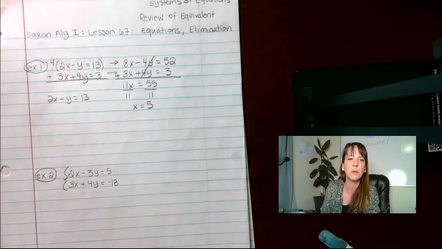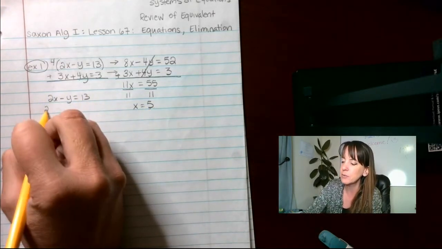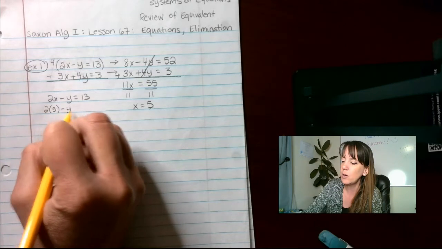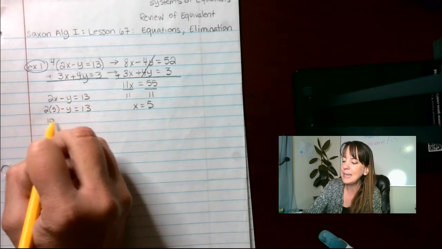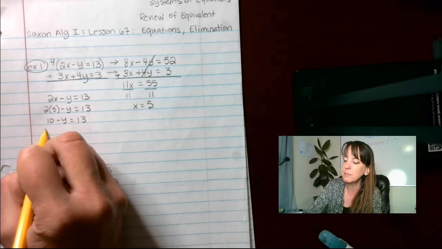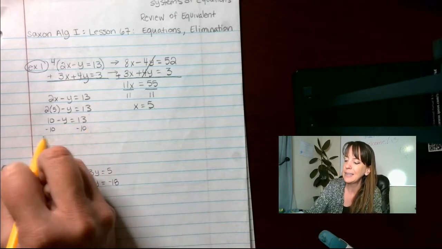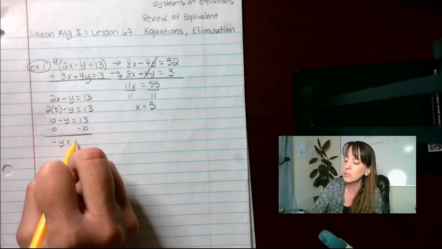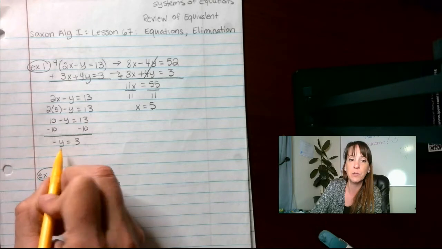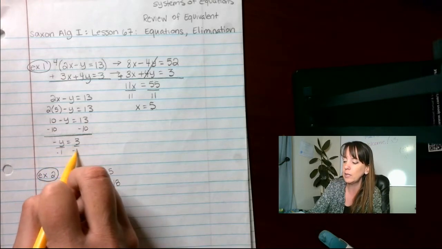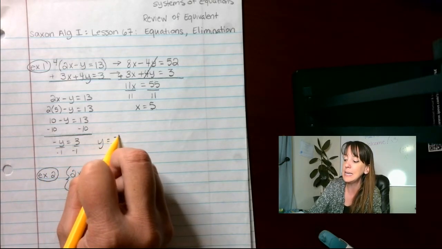Okay, so I'm picking that top equation. I'm going to plug that 5 in. So 2 times 5 minus y equals 13. 10 minus y equals 13, minus 10 on both sides. Negative y equals 3, which means if I divide both sides by negative 1, I get y equals negative 3.